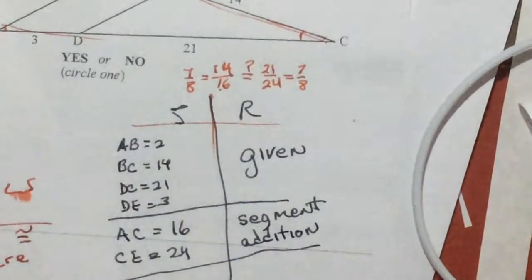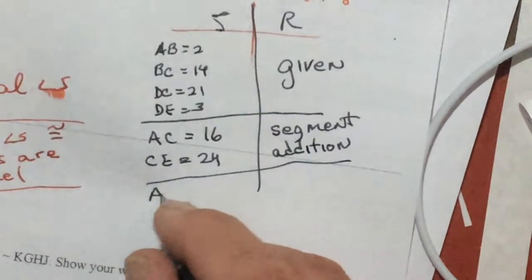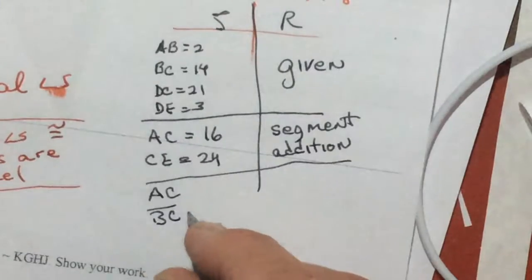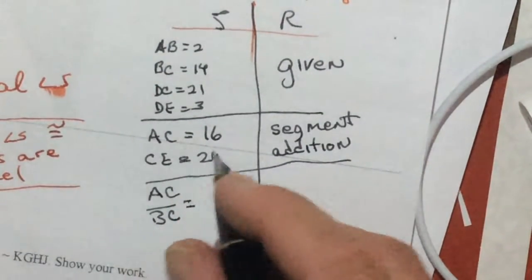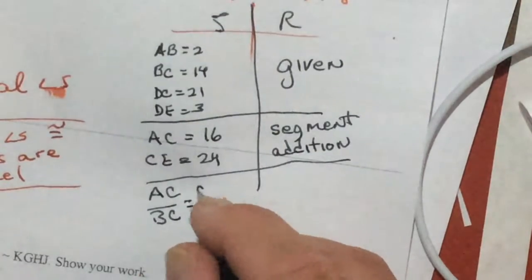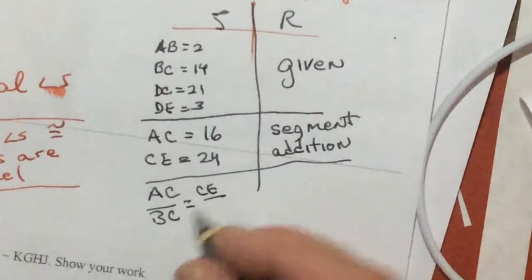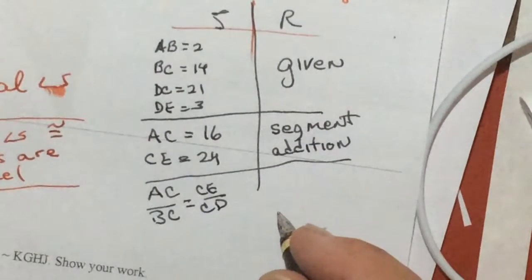Now I'm going to set up the ratios. AC is to BC as CE is to CD. Okay.